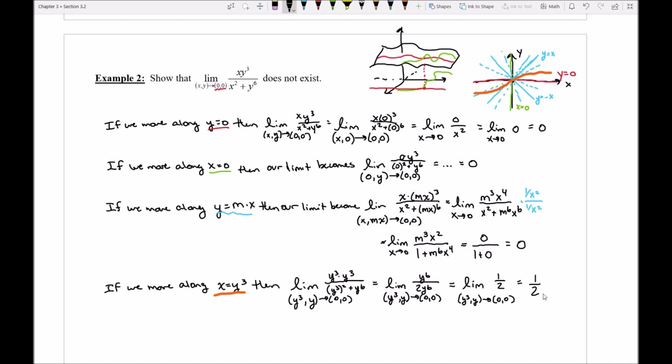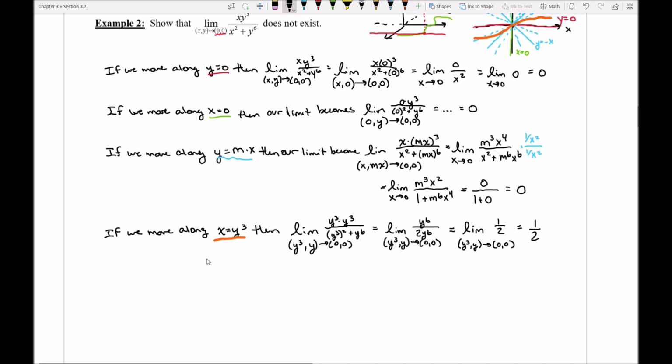You could have gotten a very similar result if instead of doing x equals y to the third, you did y equals cube root of x. You get the same basic results popping back out. I just did it this way so I didn't have to write the radicals. But notice here, I do indeed get a different value of 1/2.